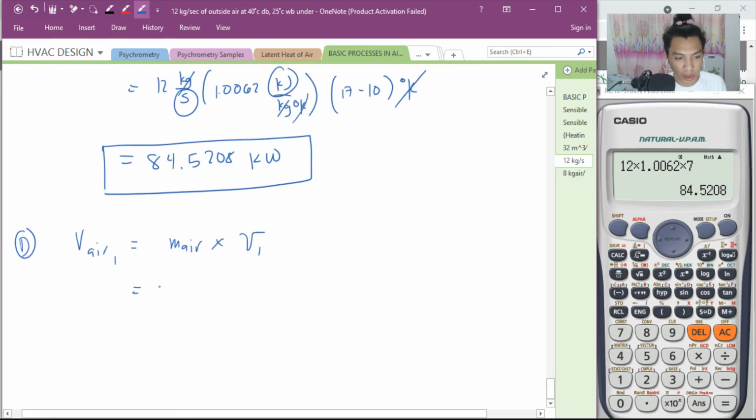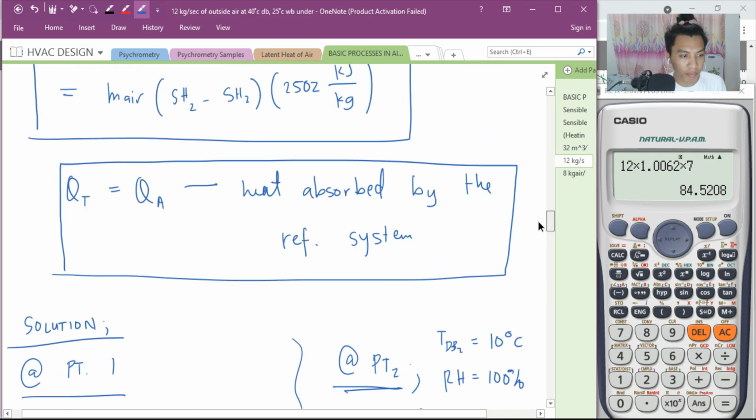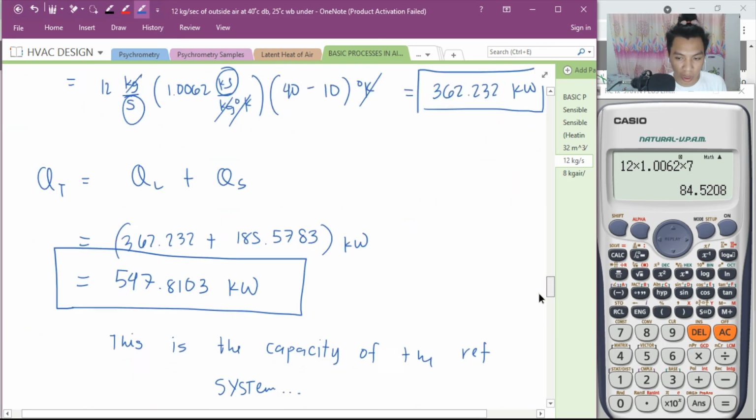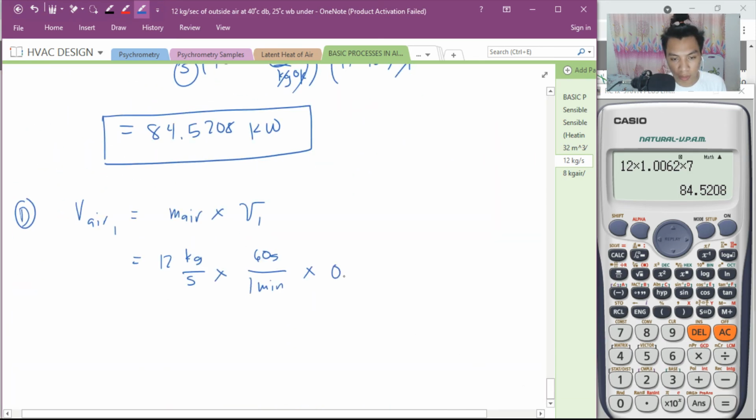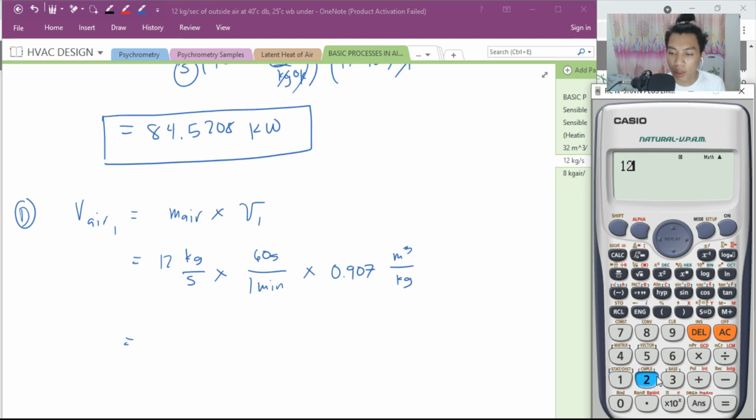That is 12 kilograms in every second times 60 seconds in every minute times V1. Ano ba yung V1 dyan? 0.907 meter cube per kilogram. 12 times 60 times 0.907.